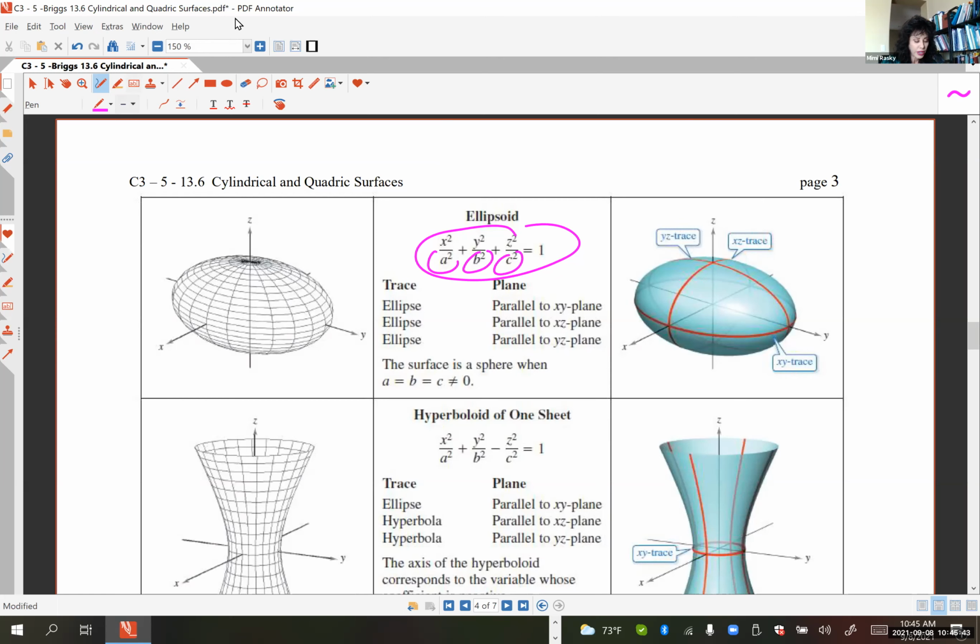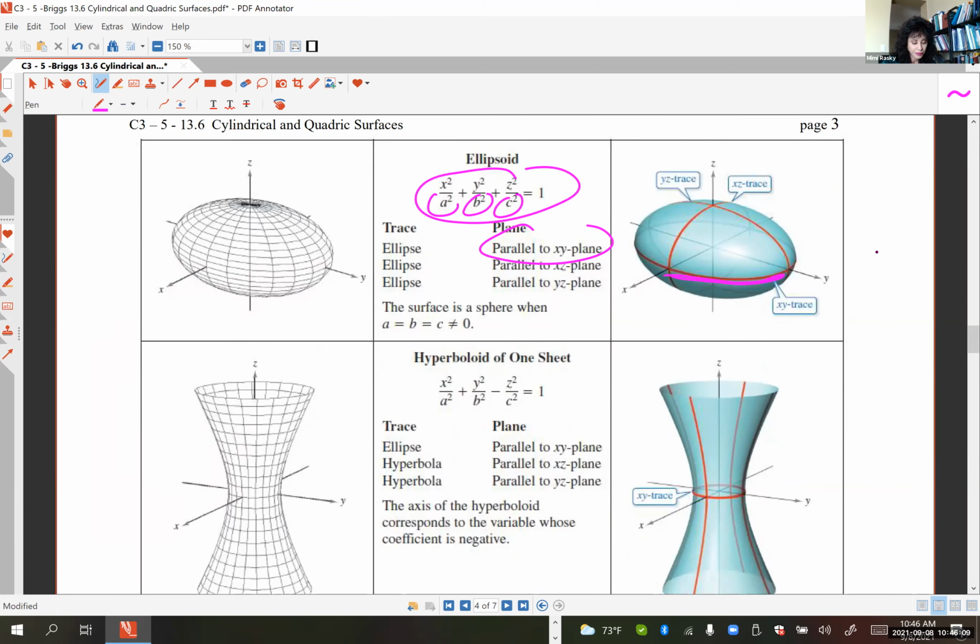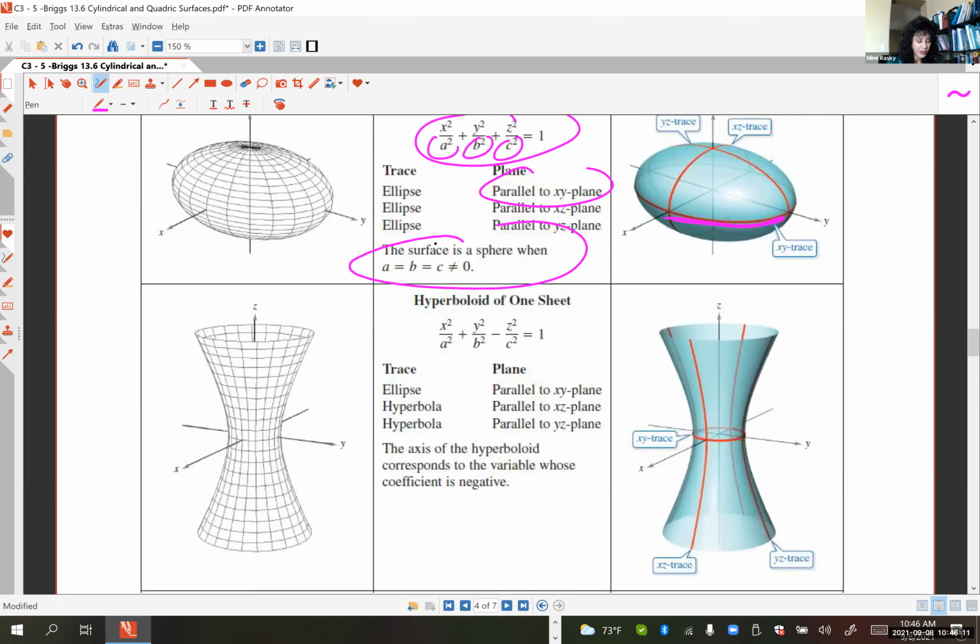And if you look at the trace of an ellipsoid in the xy plane, you'd set z equal to 0 to see what the trace is in the xy plane. And that would look like an ellipse, as these red things that they show here on my slide are the traces. And you get a sphere when A and B and C are all equivalent, not 0.